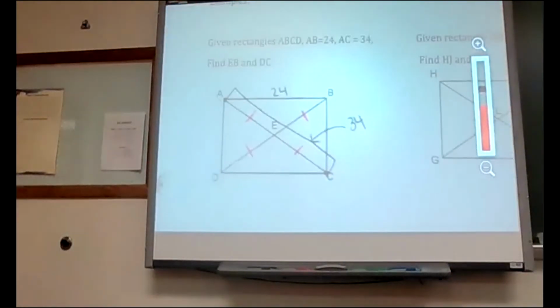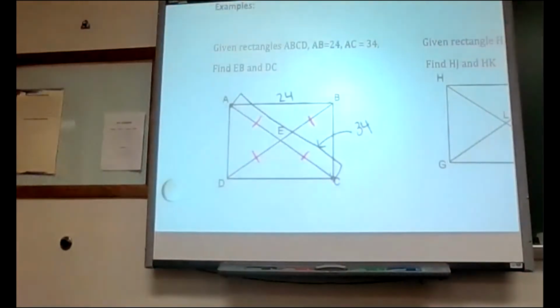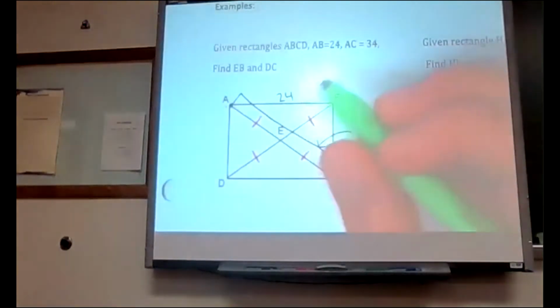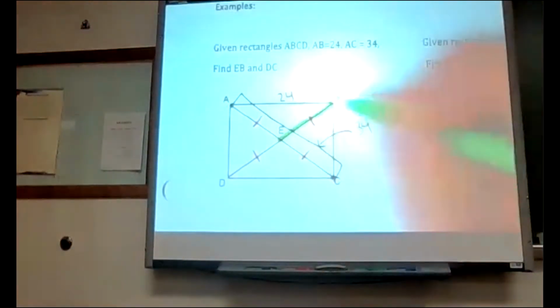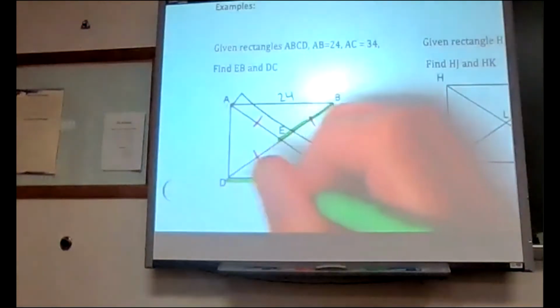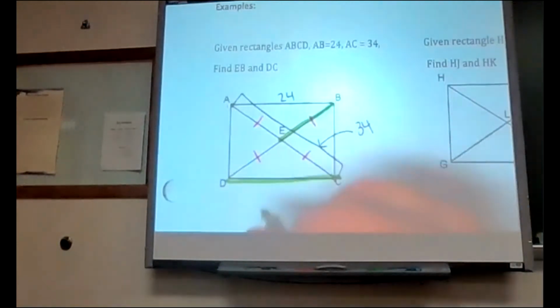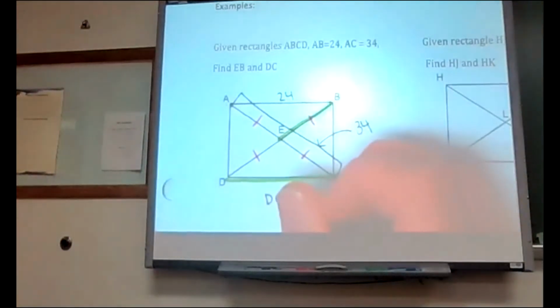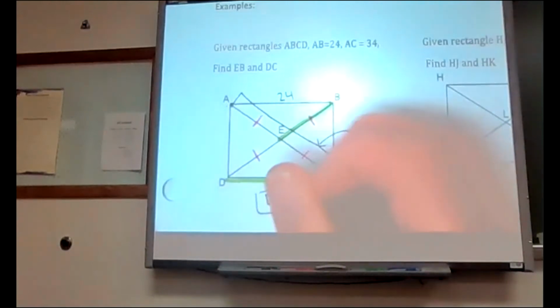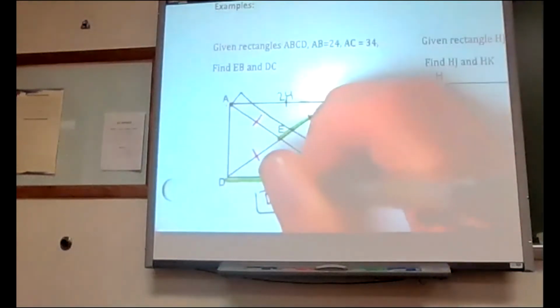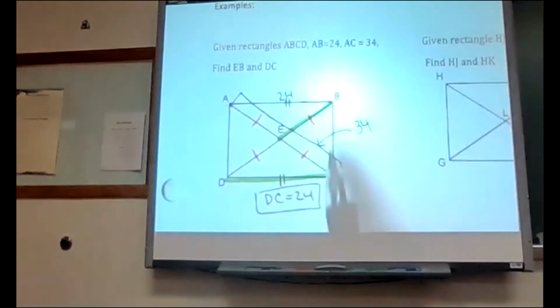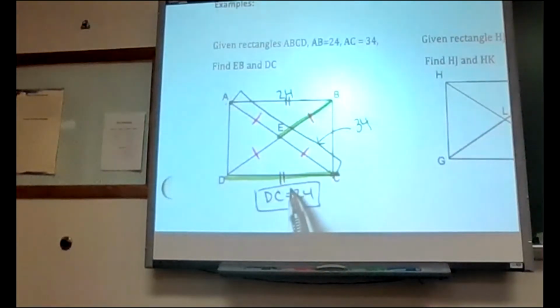And then it's asking me to find EB, which is here, and DC, which is here. Let's start with the easier of those two. Tell me, what does DC equal? 24. DC equals 24 because opposite sides, we know that they're congruent. So if this side is 24, this side is 24.